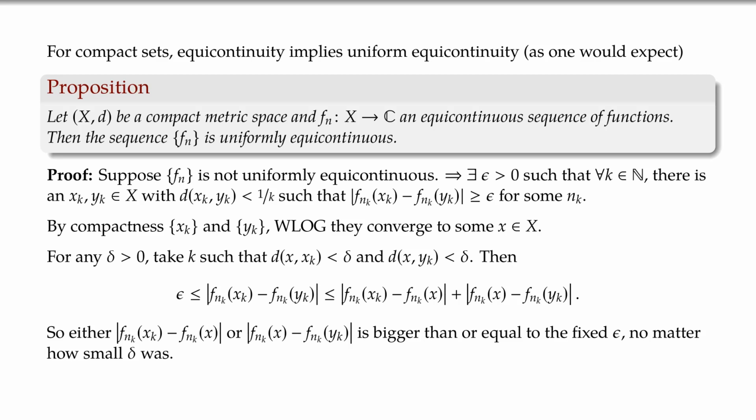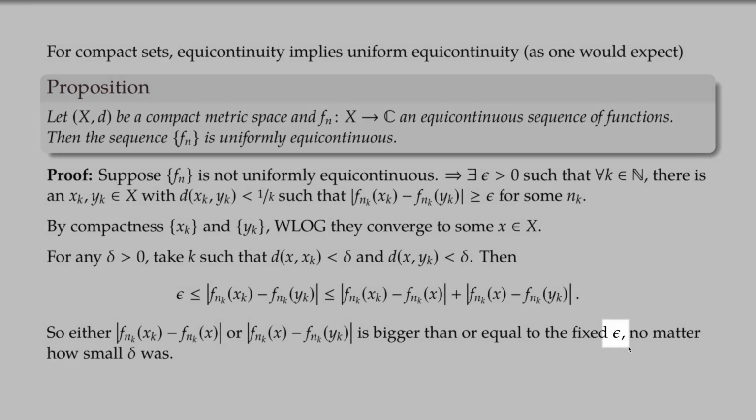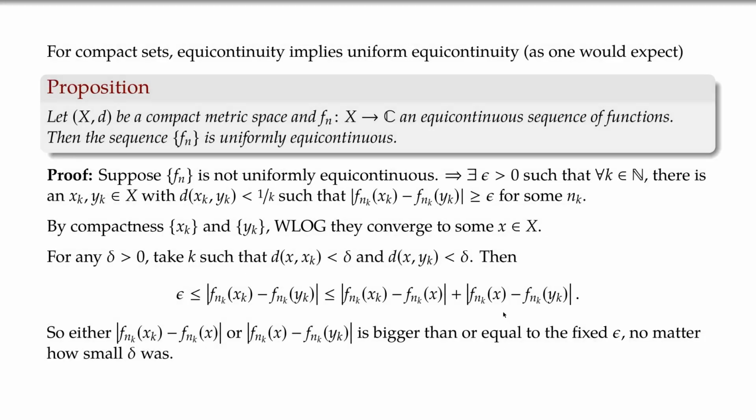So there was no way to make sure that this difference is always less than any particular epsilon, right? So again, sorry about that. This should be epsilon over 2. All right, meaning f sub n is not equicontinuous at x, and we're done.